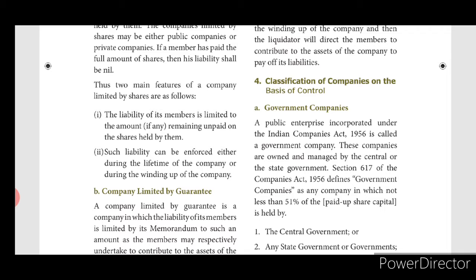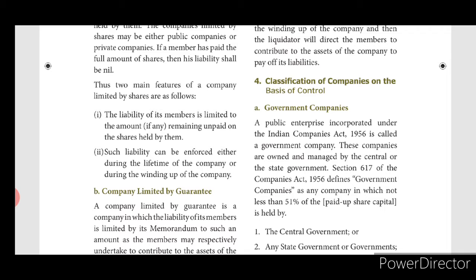Later they found many changes were needed, and it was amended in 2013. Some amendments were made. Amendment means some clauses will be removed, edited and added. According to that, the Companies Act was regulating.